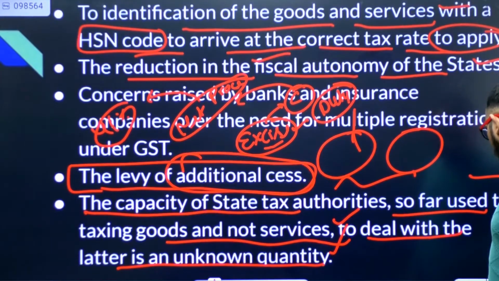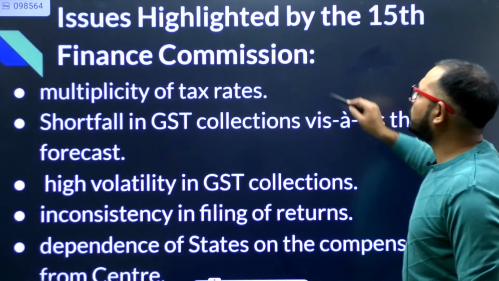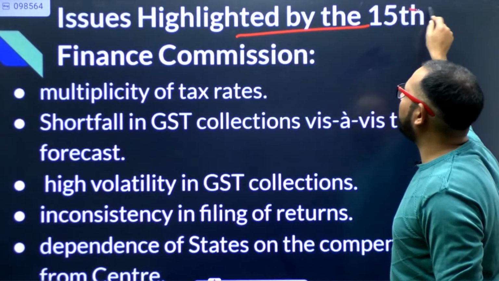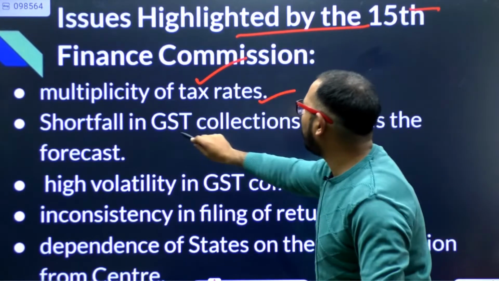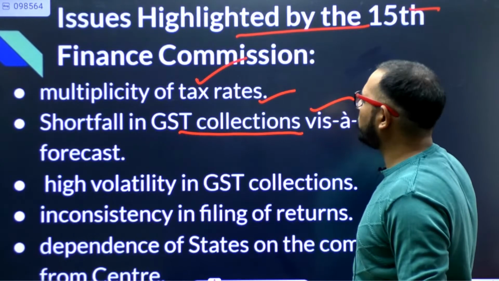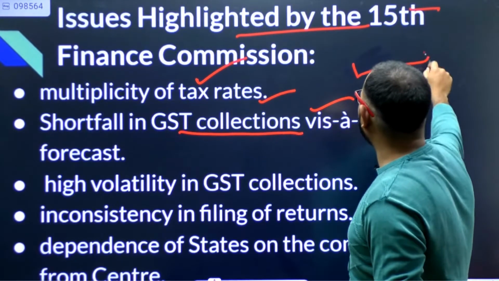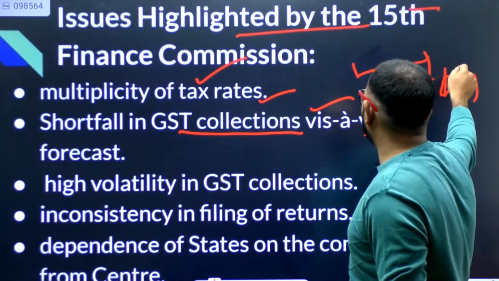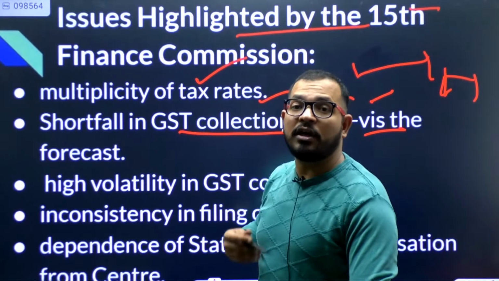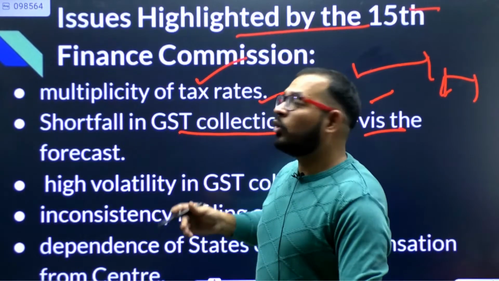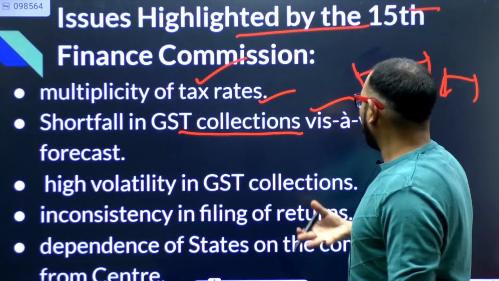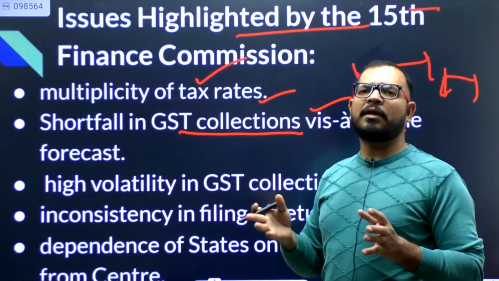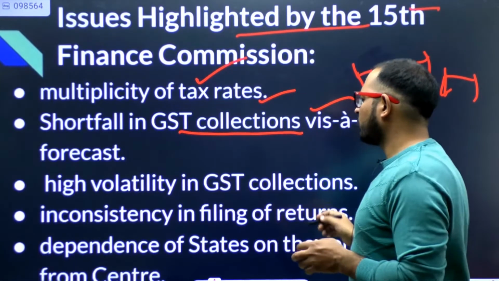This is an issue. Now some issues which are highlighted by the 15th Finance Commission: multiplicity of the tax rate, shortfall in the GST collection vis-a-vis the forecast. The forecast is too much but the collection is less. Because collection is less, tax authorities are compelled to extract this much tax. Again it becomes the issue of tax terrorism.